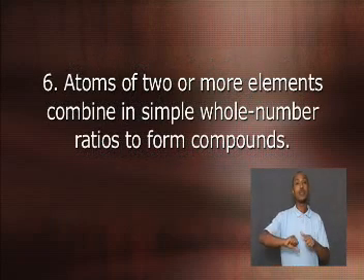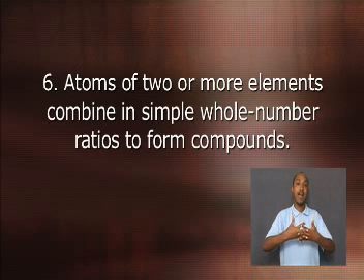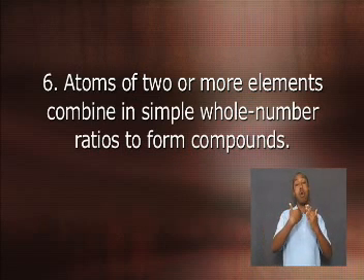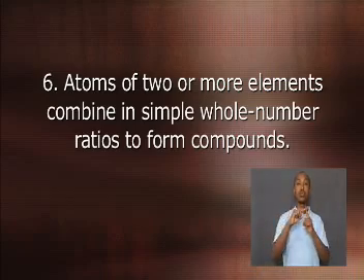Atoms of 2 or more elements combine in simple whole number ratios to form compounds. Were you successful in finding all the postulates? If not, make sure you review this portion of the lesson with the teacher after class.